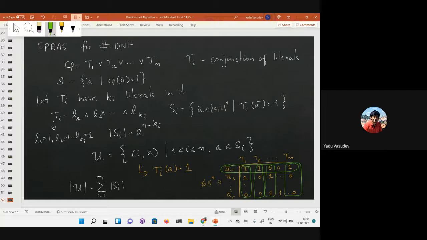The actual set S that we are interested in has cardinality equal to the cardinality of the union of all the SIs. Because each assignment might satisfy more than one of the terms, you take the union of the SIs, and the cardinality of that is the cardinality that we are interested in.